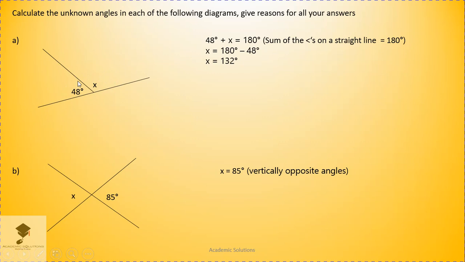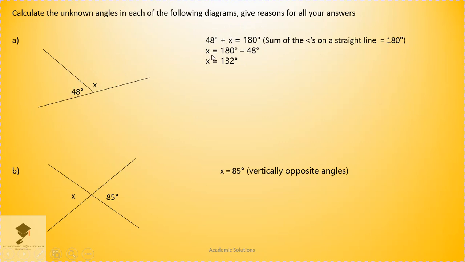So the sum of this, 48 degrees plus x, equals 180. And the reason, it says here, give reasons for all your answers. So the reason would be the sum of the angles on a straight line equals 180. So you take these two, 48 degrees plus x, equate those to 180, and then bring the 48 degrees to the right hand side of the equal sign, because you want to be left with the unknown on the left hand side.